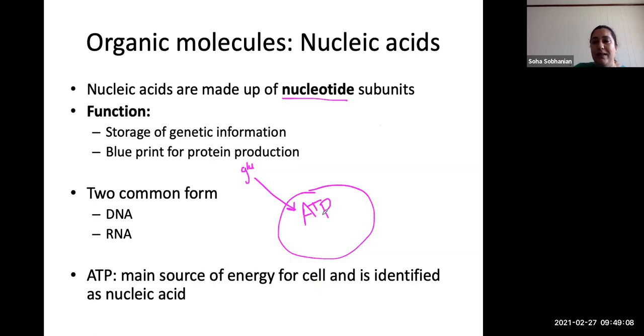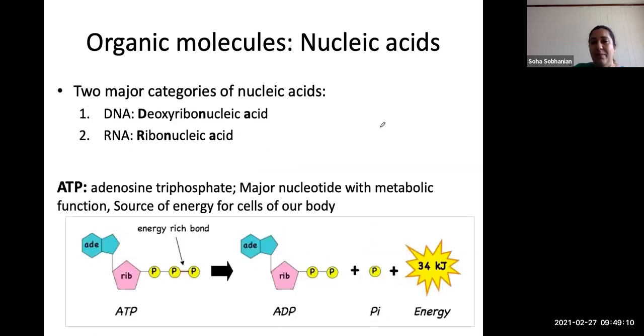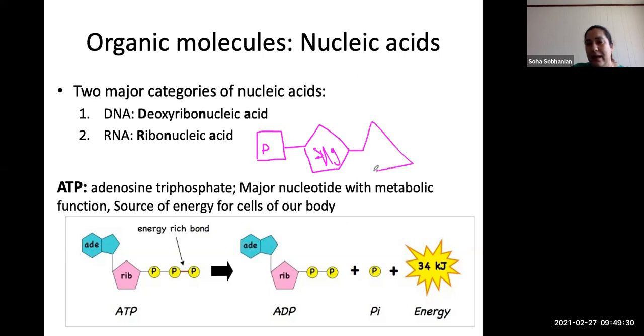A nucleotide is like this, and I'm going to really simplify it. Something called phosphate, which I really haven't talked about. Then a sugar. And the third part of this is a triangle, which is a base.